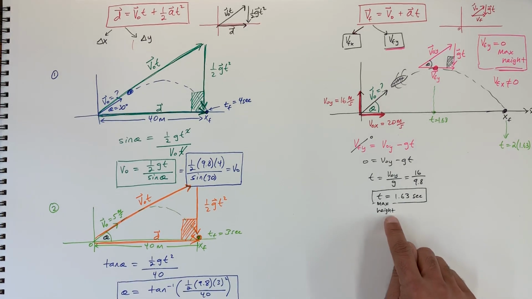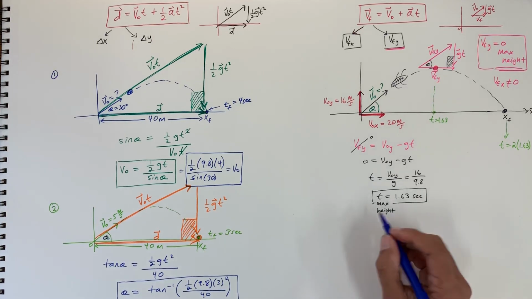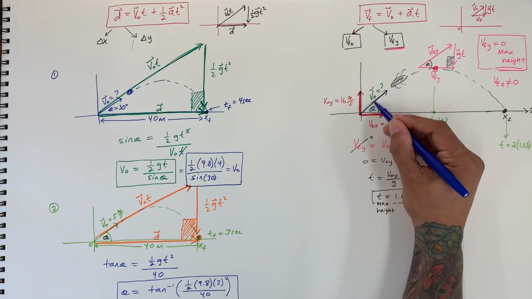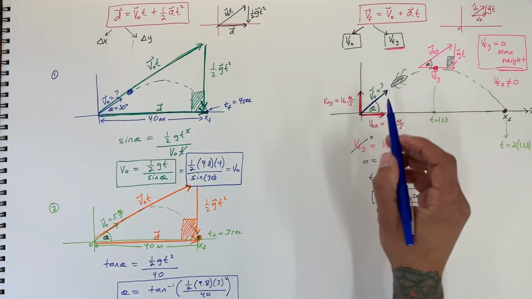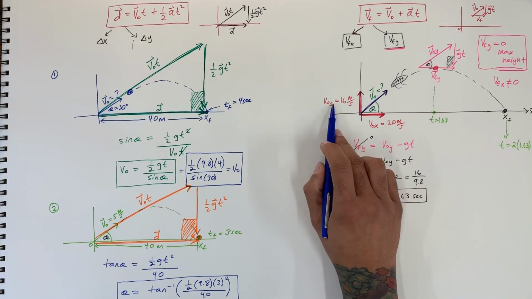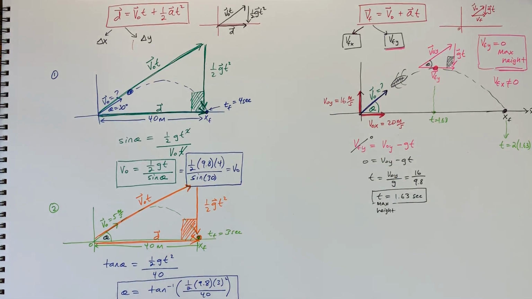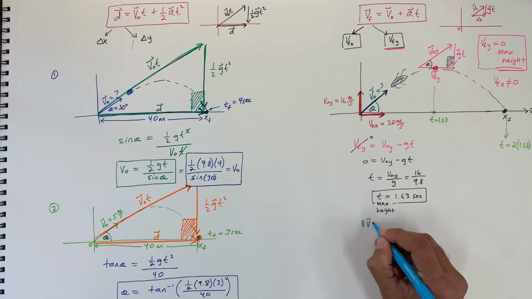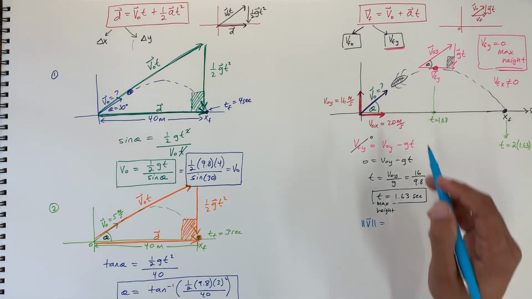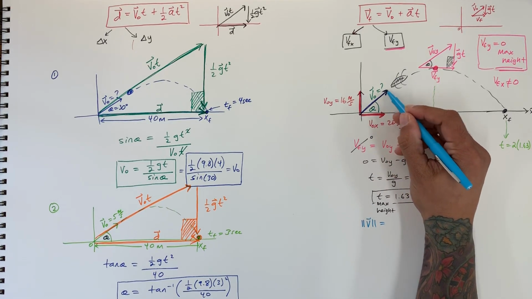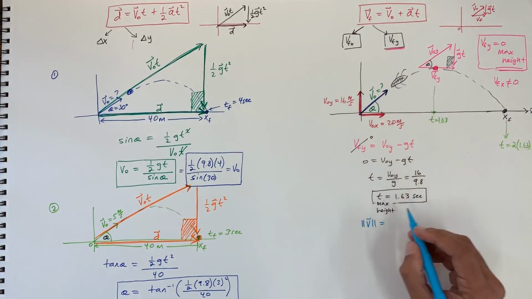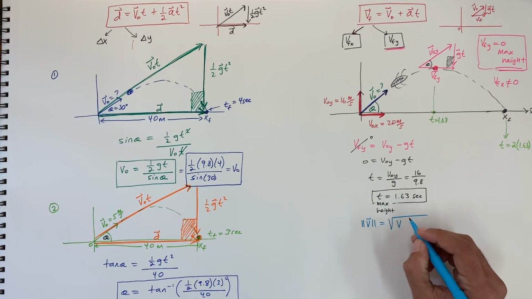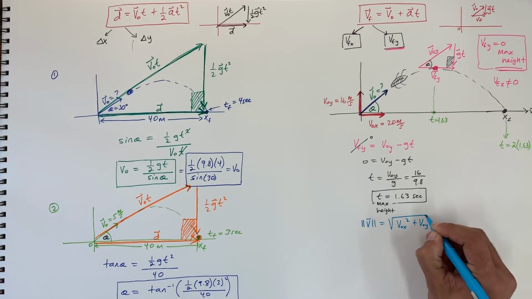Okay, so now once we have the max height, right, I want to find out what my initial velocity is, right? What is my initial velocity? Well, we got an initial velocity in the x, and we got an initial velocity in the y. So if you remember from the previous videos, our magnitude, right, which explains our distance from the origin, or this distance from the initial to the terminal, is equal to the square root of velocity initial in the x squared plus velocity initial in the y squared.